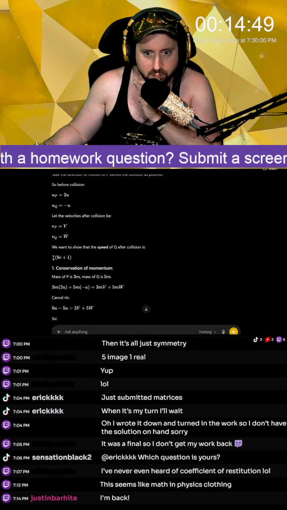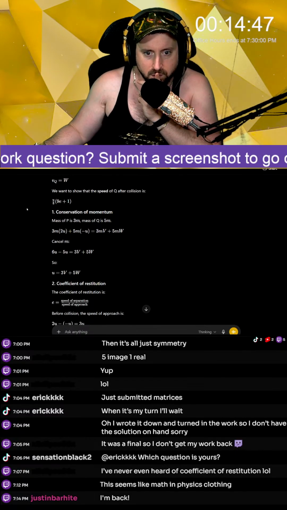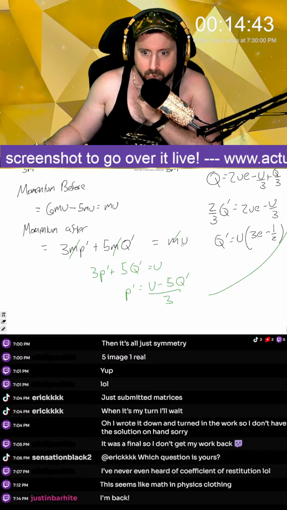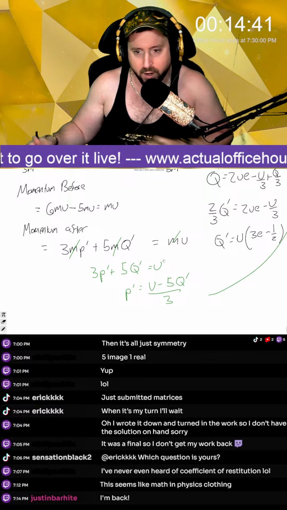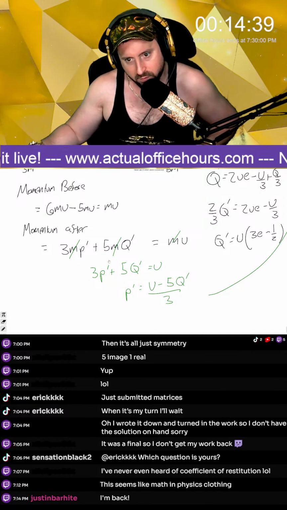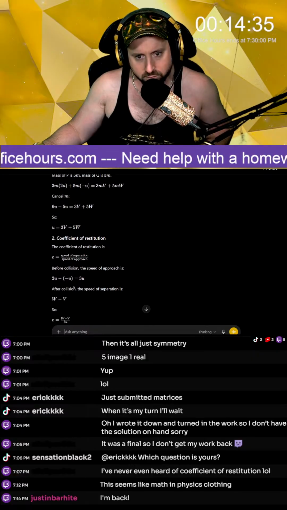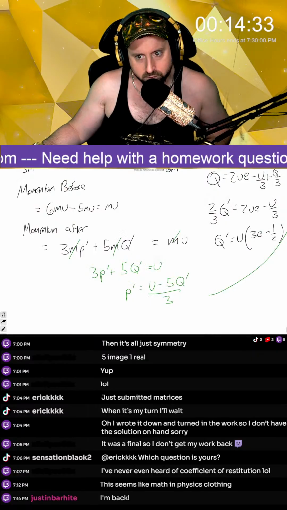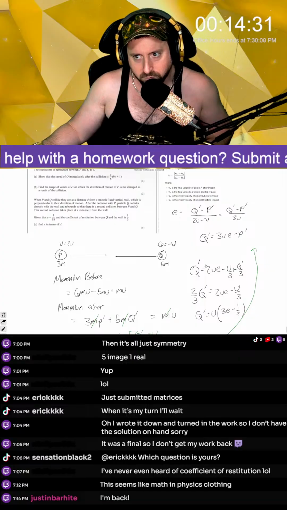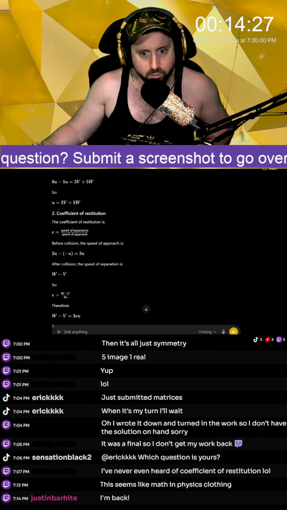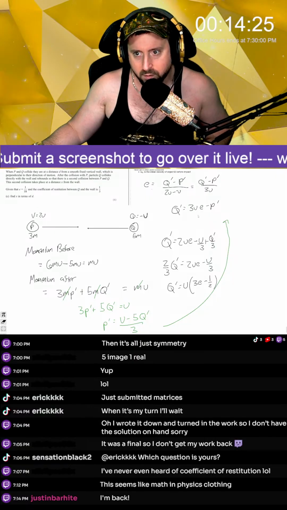The velocity after the collision is that. Okay. Yes. Okay, I agree with this. That's cool. Yep, and then Q minus is that's equal to E.